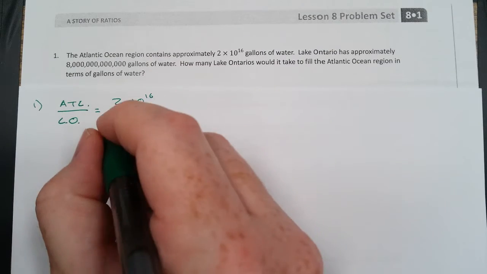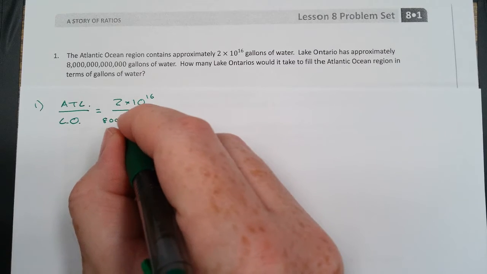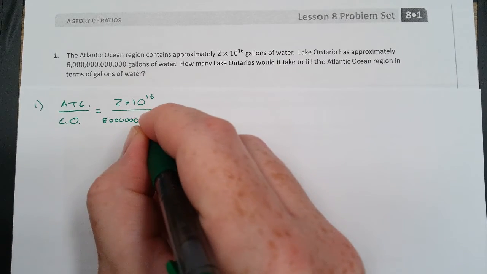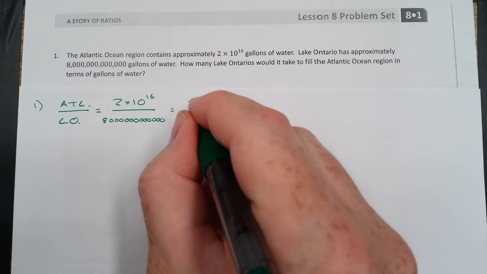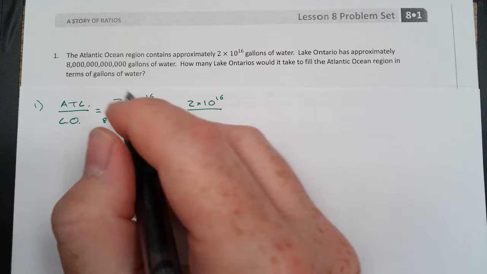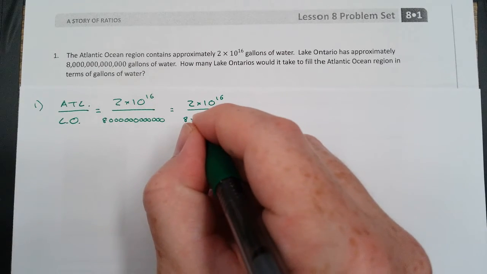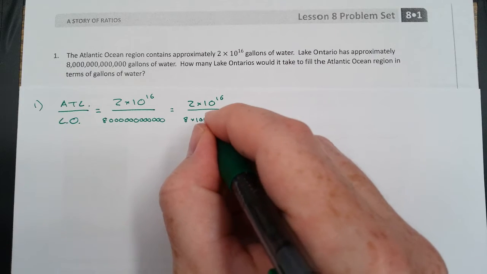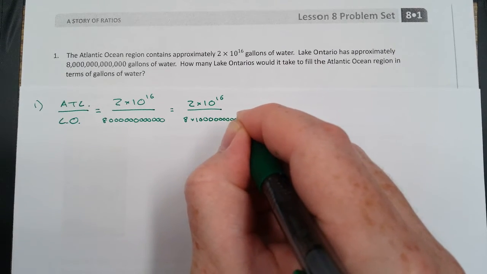But you know how to change that into an exponent to make it easier. What number is that? That looks like it's 8 trillion. So we do 8 times 1 trillion.